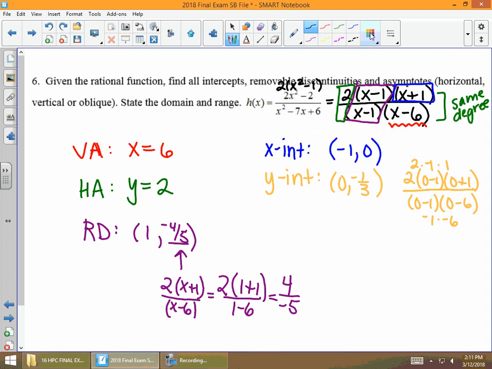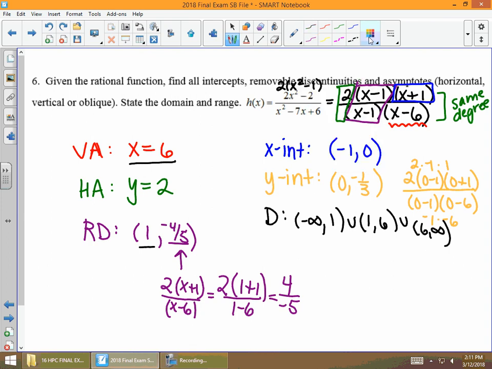Last piece is domain and range. For domain, we're going to exclude our vertical asymptote and the x value of our removable discontinuity. So negative infinity to 1, 1 to 6, 6 to infinity.